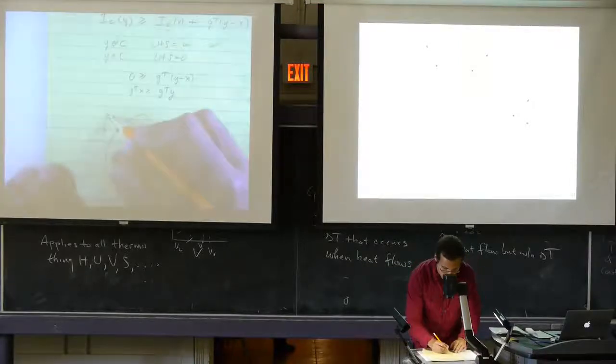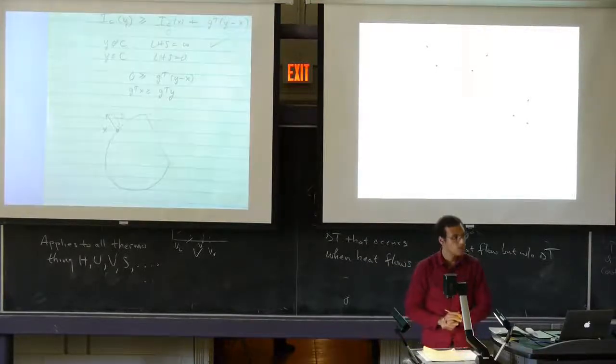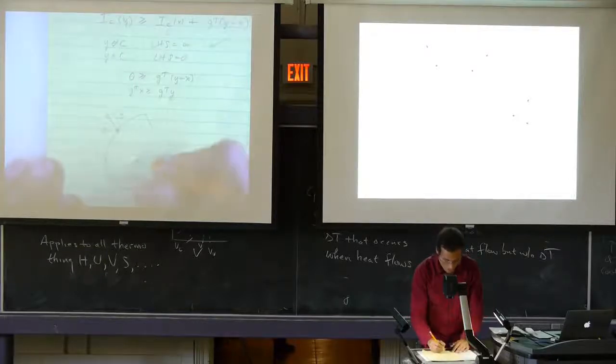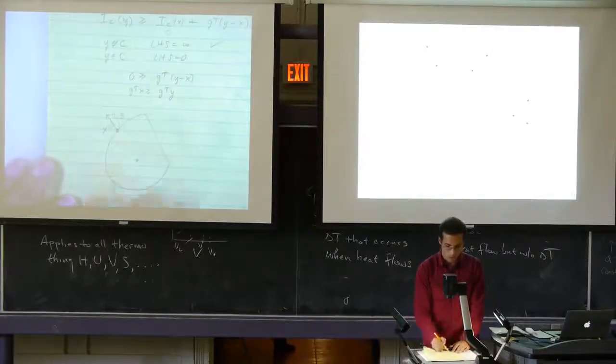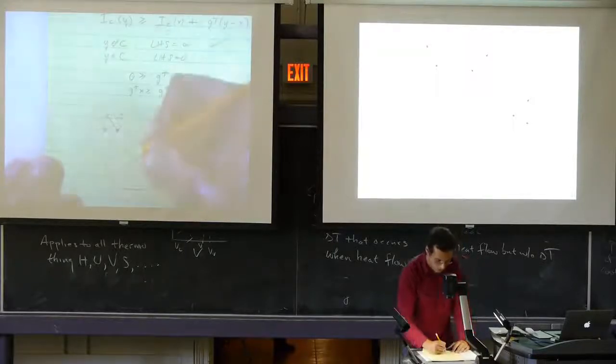So this here is g. Okay, in the picture, if this was 0, then what I'm drawing here is x plus g. But g is just this vector.